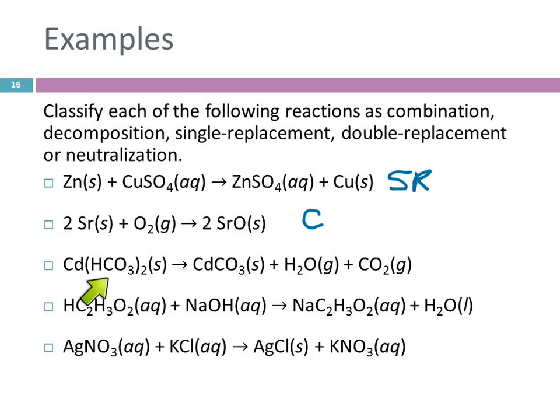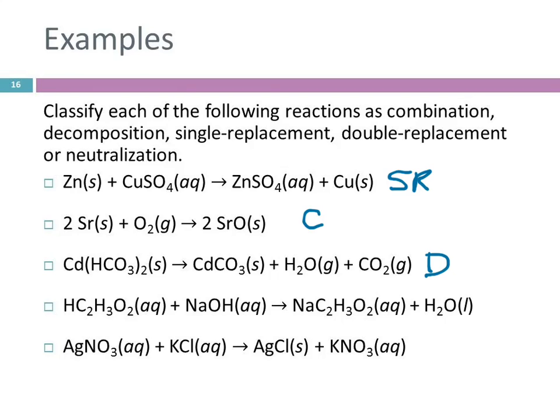CdHCO3, that's cadmium hydrogen carbonate, forming cadmium carbonate plus water plus carbon dioxide. Decomposition. We recognize a decomposition reaction because there's one reactant and it decomposes, it falls apart. So we'll abbreviate that. D for decomposition.